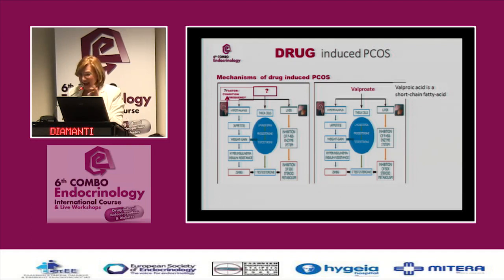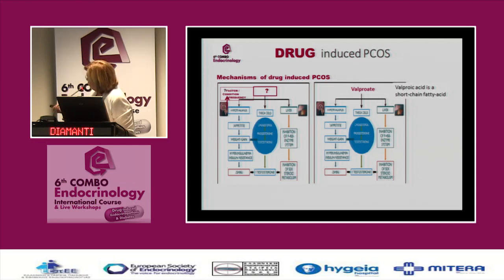It also has a direct action on theca cells of the ovarian tissue, stimulating theca cells and directly increasing the production of androgens from the theca cells of the ovary. Now, the other thing valproate can do is activate or inhibit P450, and via that mechanism increase or decrease the catabolism of androgens, and therefore increase the levels of androgens.